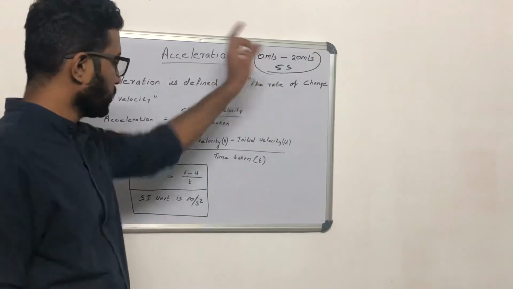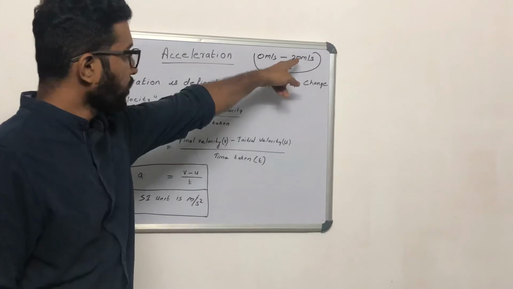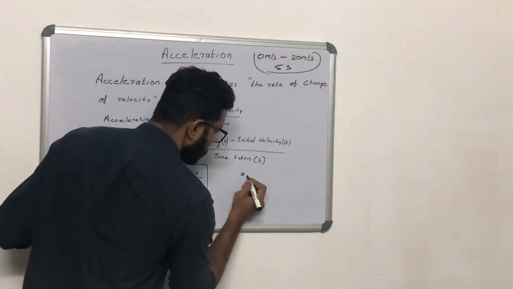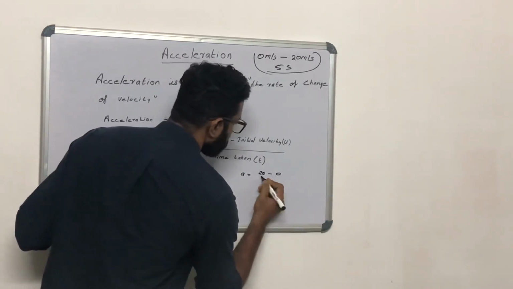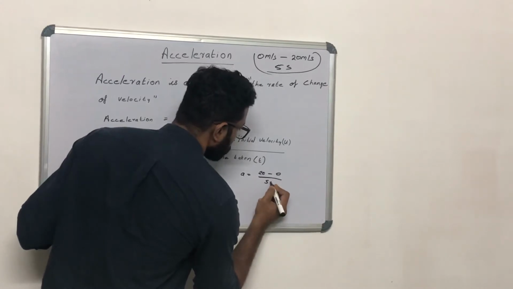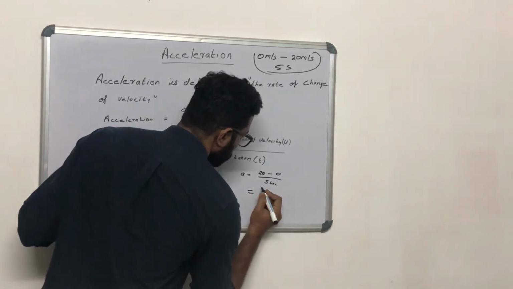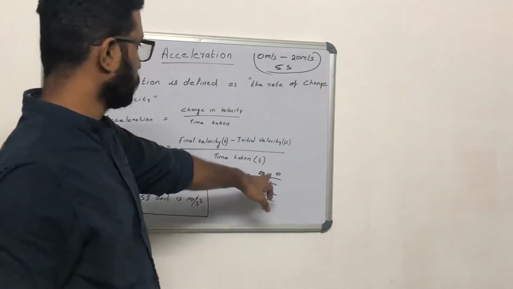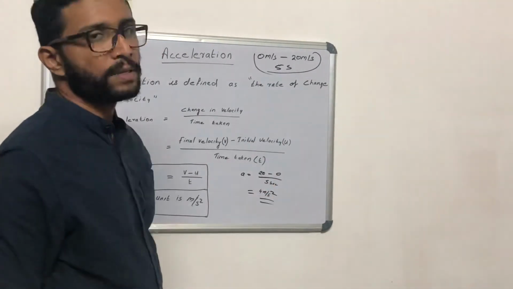Here, acceleration is equal to 20 minus 0 divided by 5, which is equal to 4 meter per second squared.